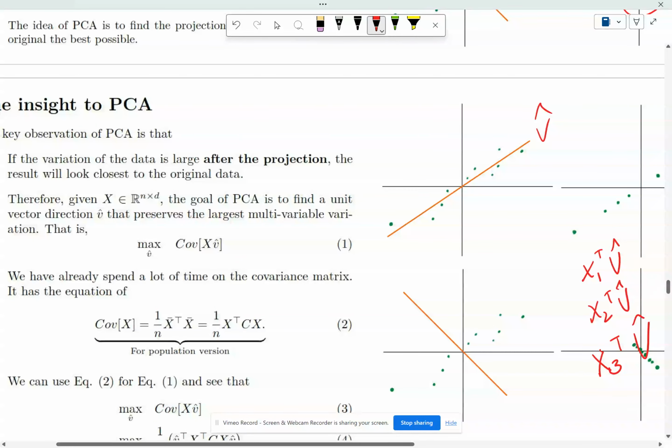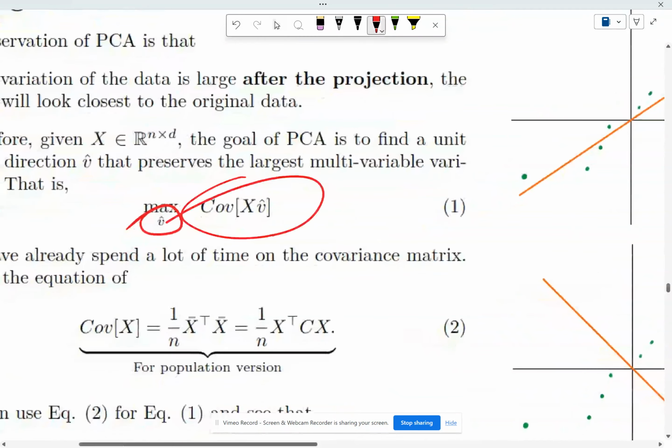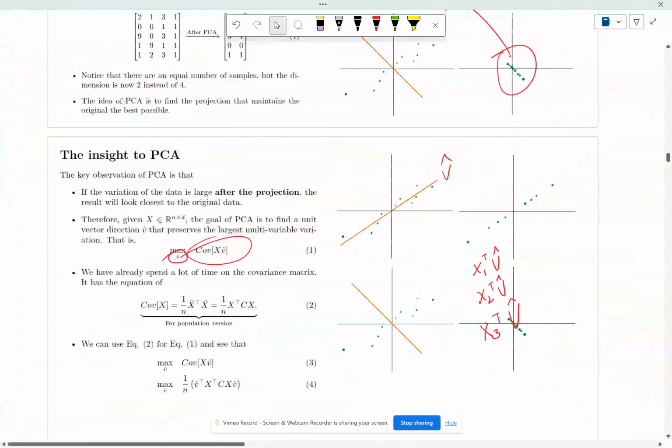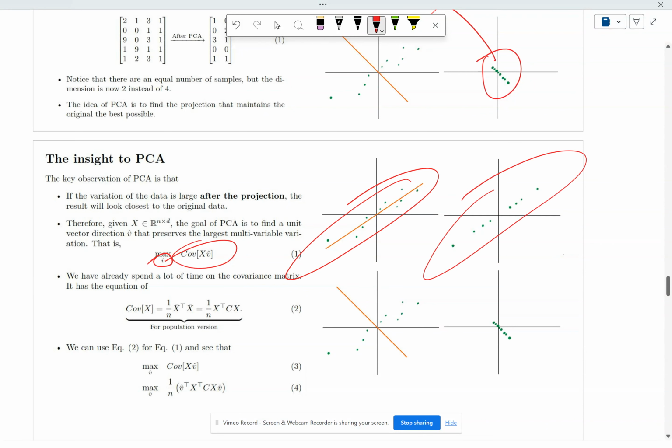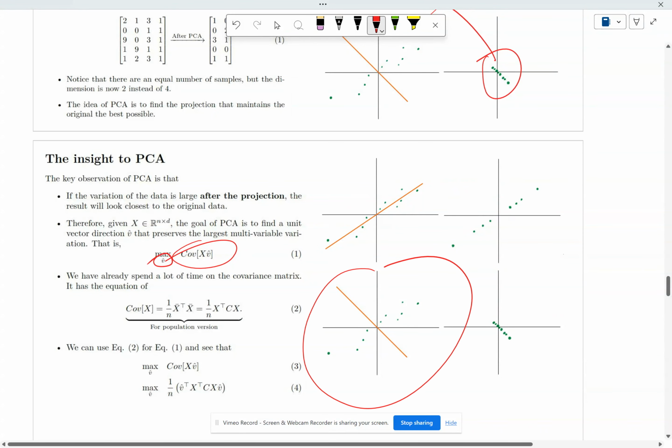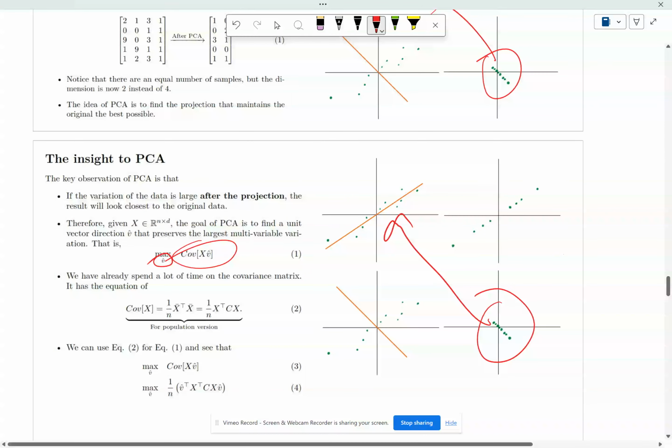So what we're doing is we want to find the v, a direction such that the covariance is as big as possible. Again, look at this plot. If you pick the correct direction, notice after projection, it looks like the original data. If you pick the wrong projection, after the projection, it looks nothing like the data anymore. Okay, so that's the insight.